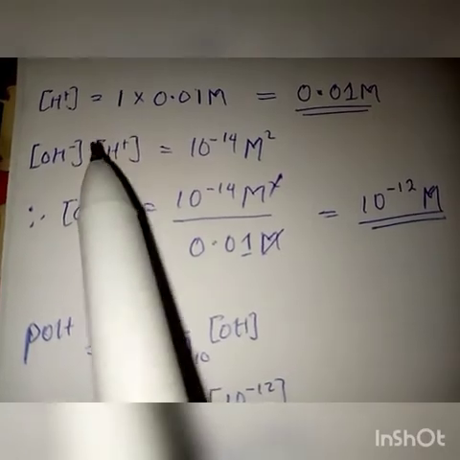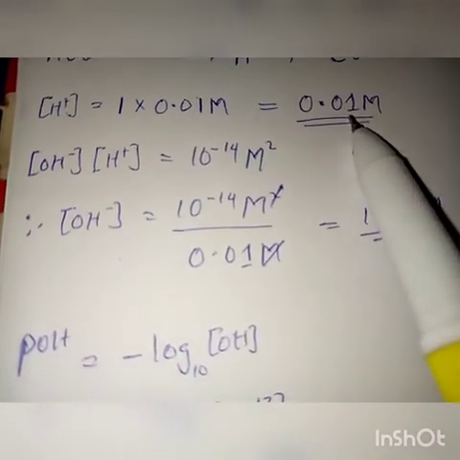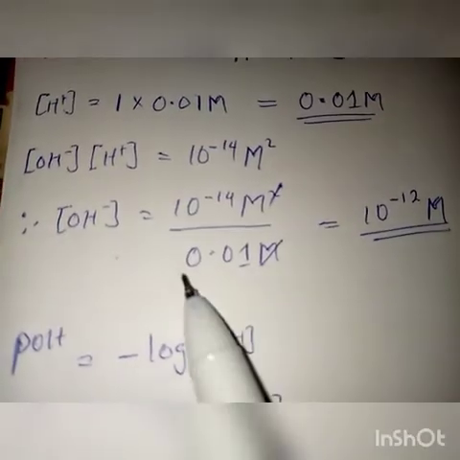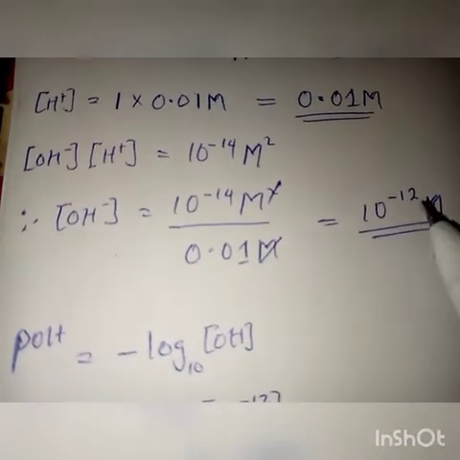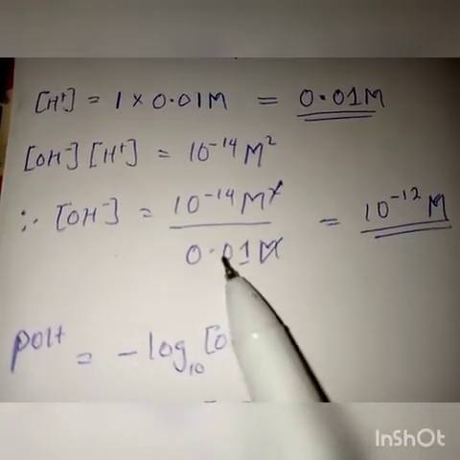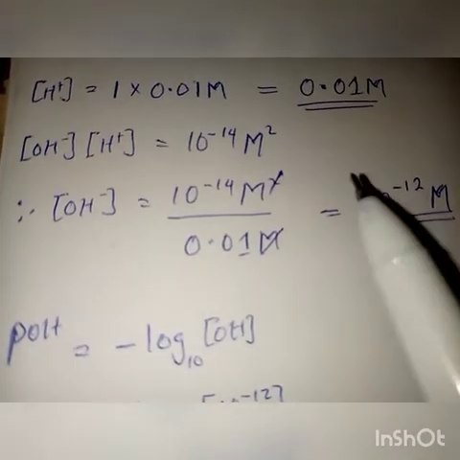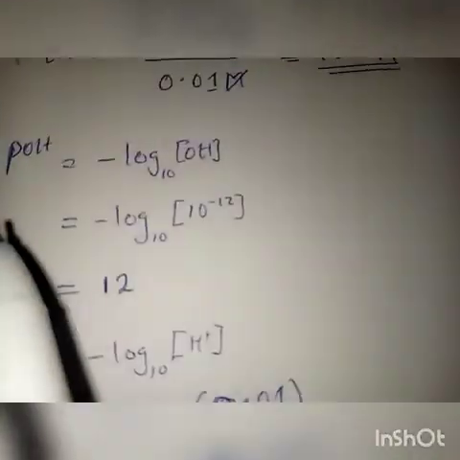Hydrogen ion concentration. And we have found our hydrogen ion concentration to be 0.01. So it will be 10 raised to power minus 14 molar square divided by 0.01 molar. So molar will cancel one of the molar, remaining 1 molar. So this divided by this will give us 10 raised to power minus 12 molar. So this is our concentration for what? Hydroxide ion.